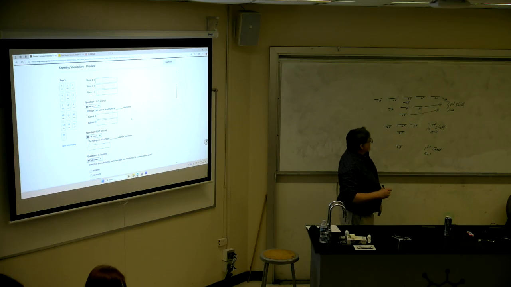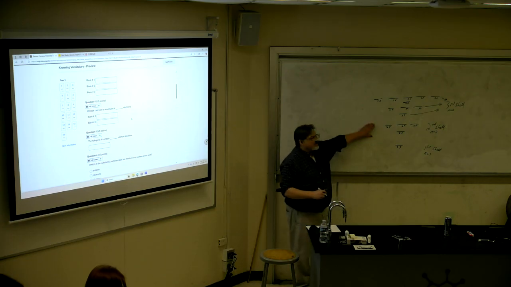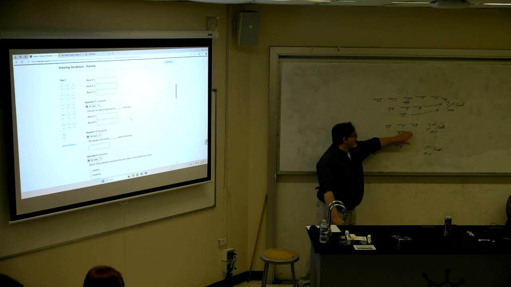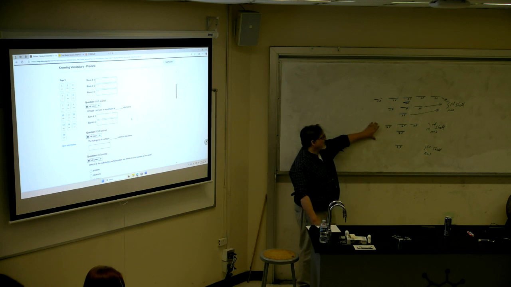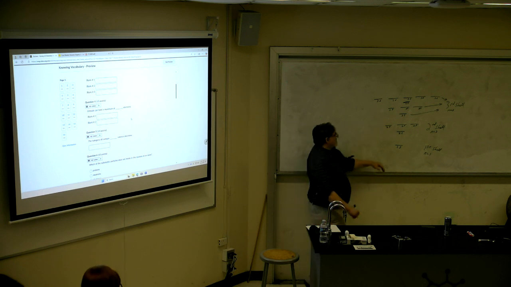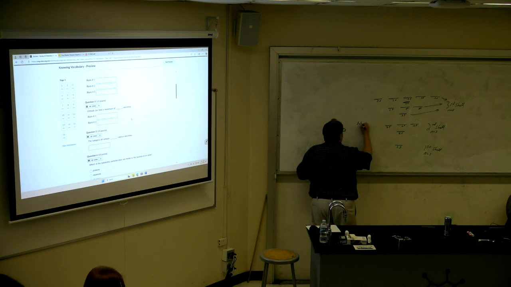So how many electrons can one orbital hold? It's 2. How many electrons can the n=2 shell hold? If it's 2 per orbital, 2, 4, 6, 8. You're gonna get a total of 8 electrons in the n=2 shell. These are called subshells.